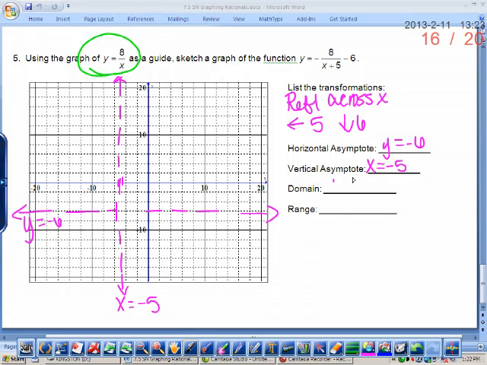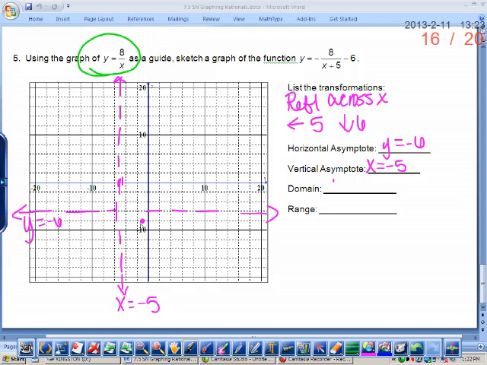Okay, look at the graph right before. Would you agree that (4, 2) and (-4, 2) are nice, pretty points? So let's think about what happens to them. (4, 2), reflect across the x-axis, left 5, down 6.